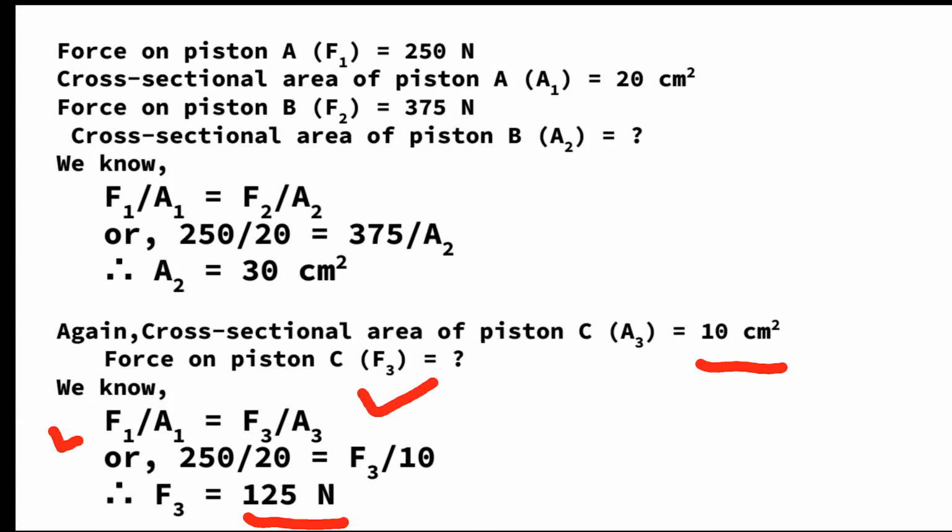Get it? So the area of piston B, A2, is 30 centimeter square, and the force on piston C, F3, is 125 Newton. For solving both problems we have used the same law, the formula of Pascal's law.